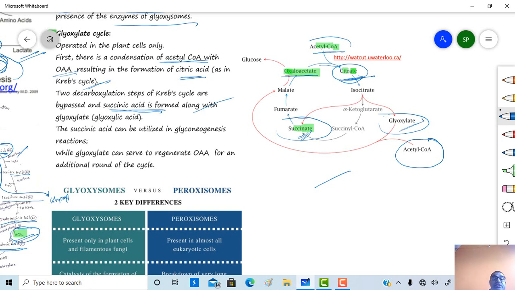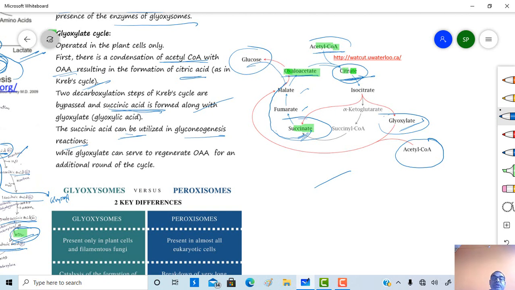This succinic acid can be utilized in a gluconeogenesis reaction. Gluconeogenesis reaction means formation of Krebs cycle precursors like succinic acid, fumaric acid, malic acid into again glucose. So the succinic acid can be utilized in gluconeogenesis.